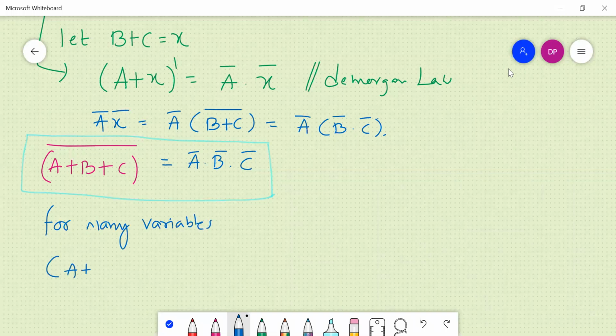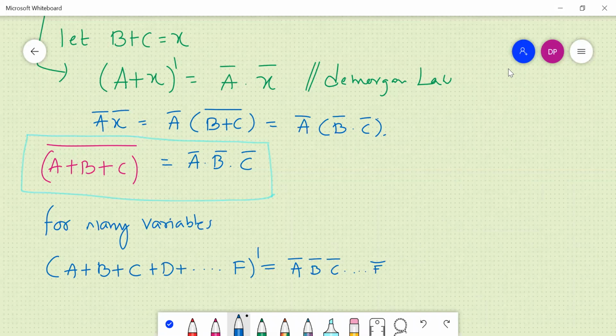A or B or C or D and so on, its complement can be written as what? A complement into B complement into C complement, and so on. Last you will get complement of F, right?